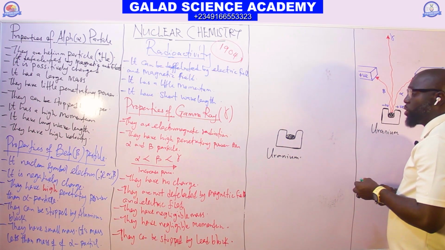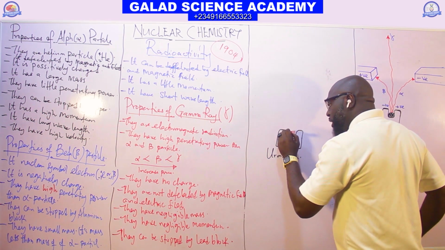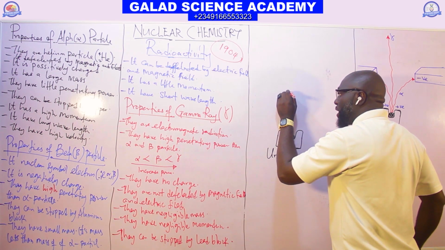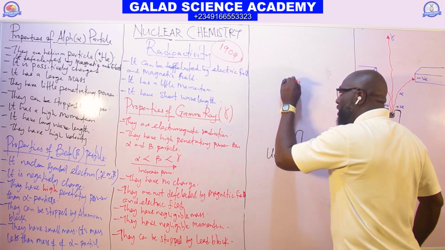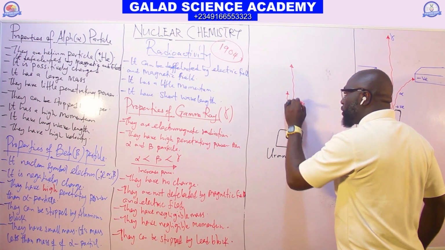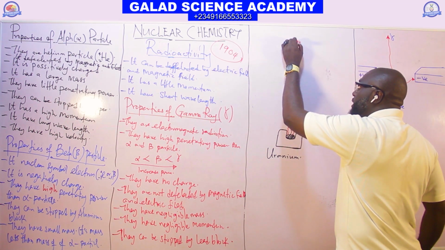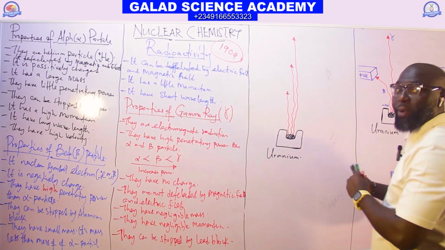When it undergoes this, it will emit radiation. We have this, and we also have another radiation that comes out like this, and then we also have the third one, going up like this.